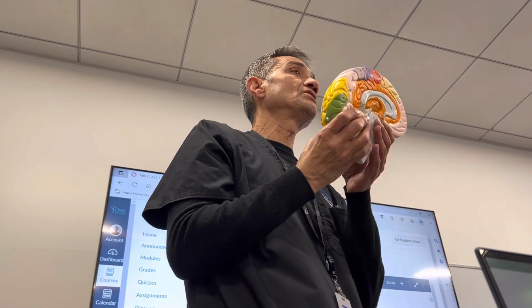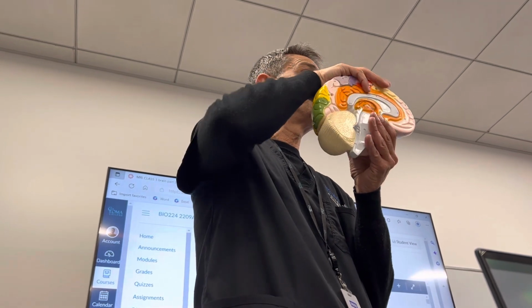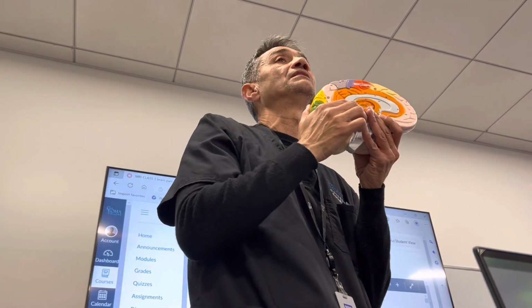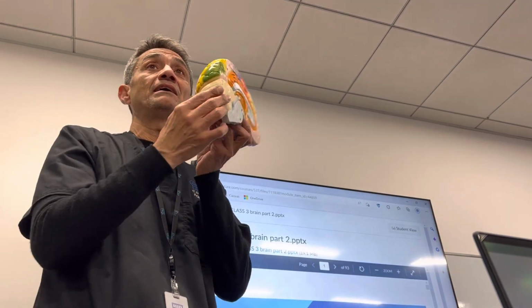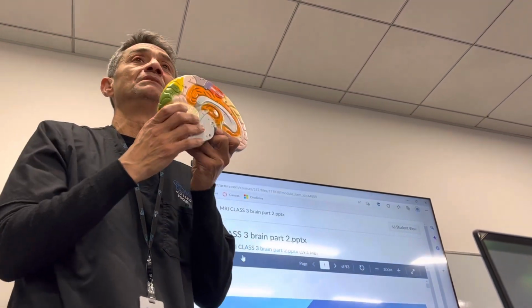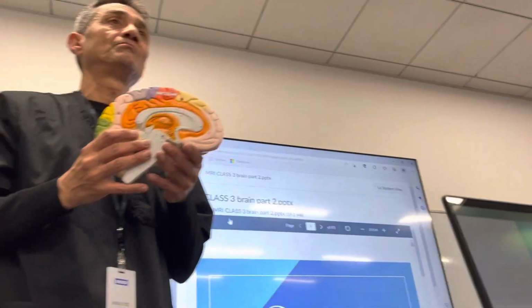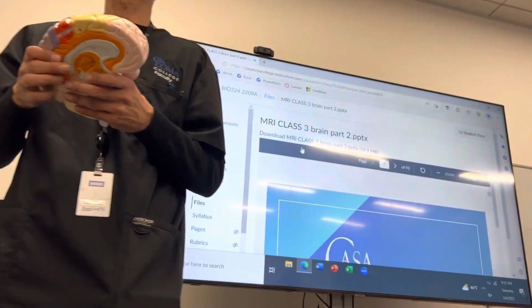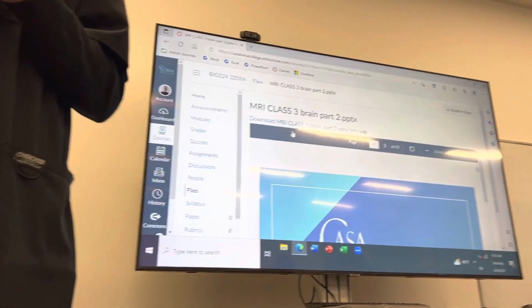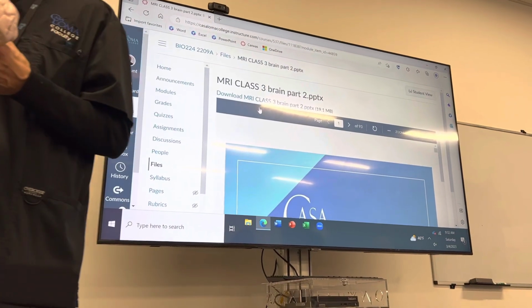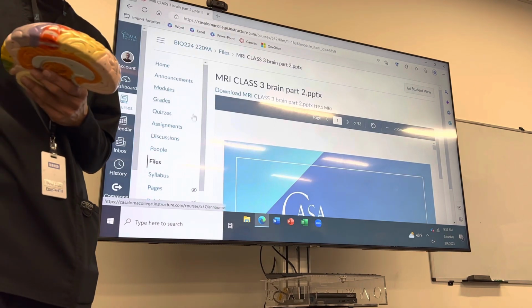What we talked about last week was the cerebrum and the diencephalon. For today, we're going to talk about the brainstem and cerebellum. And we're going to finish by talking about the blood vessels that supply your brain, the venous drainage, and the cranial nerves. And you guys are done with the first region of your body.